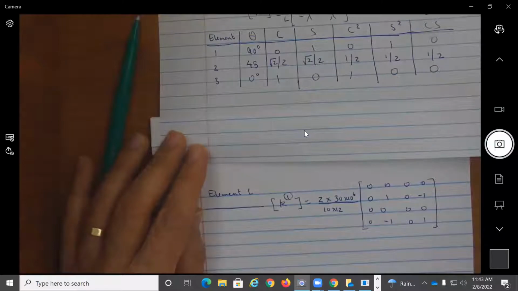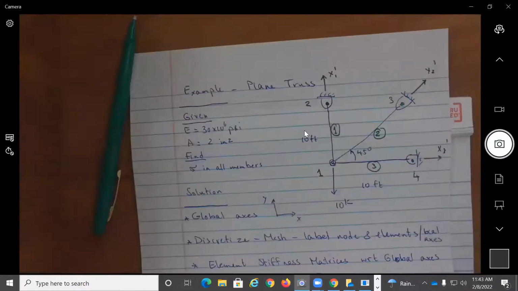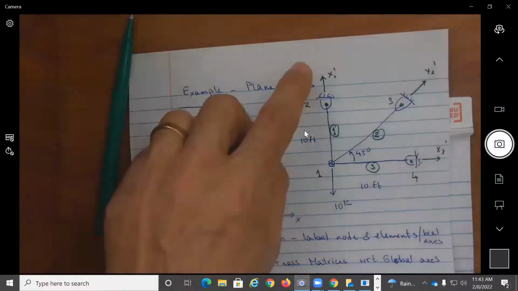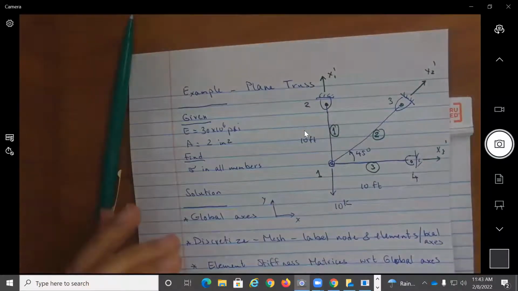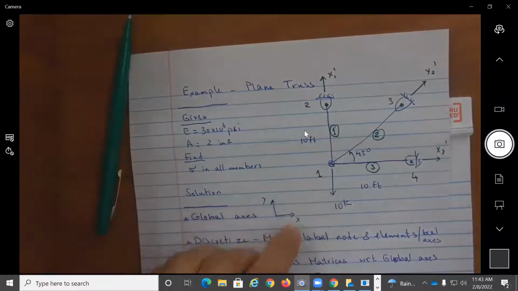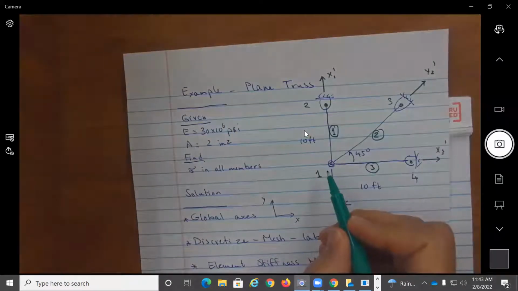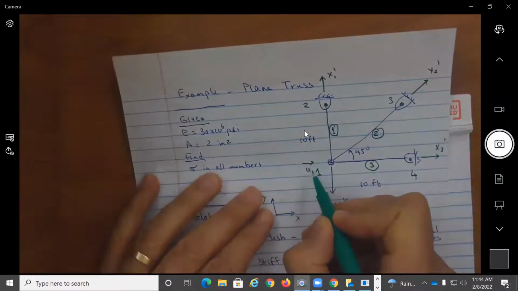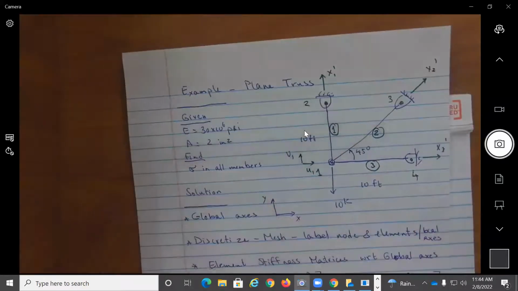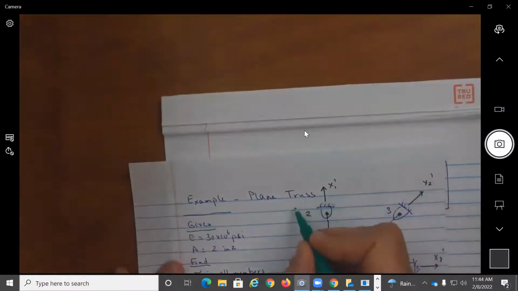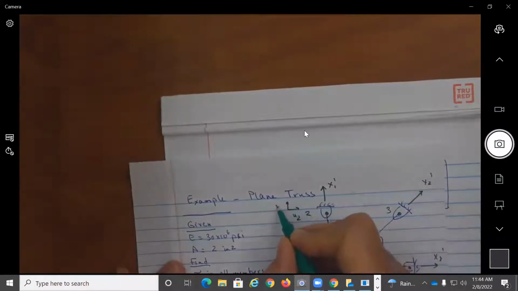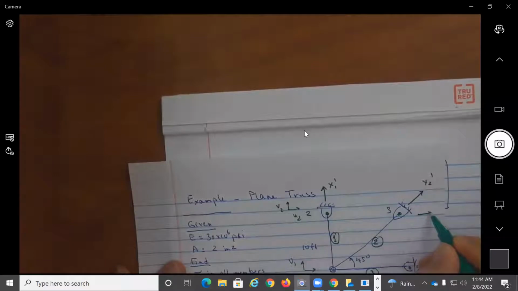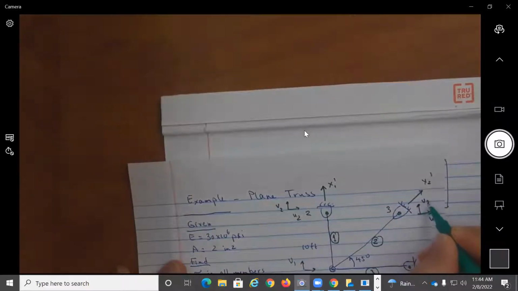And as I'm looking at element 1, it extends from 1 and 2. Now, because we're looking at bar elements in plane, each node is going to have how many degrees of freedom? 2, right? So I'm going to have here a U1, V1, a U2, V2, a U3, V3, and here a U4, V4.